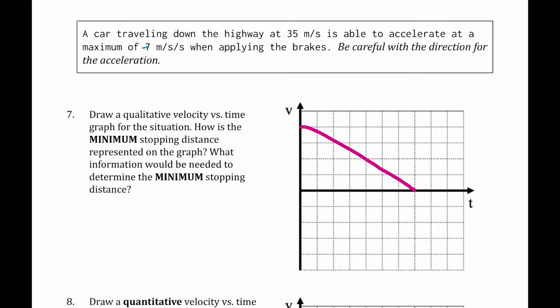Okay. What information do we need to determine minimum stopping distance? And so the information that we needed is going to be, this is our minimum stopping distance, and everything in this area. All right, so that's our delta x, which is our minimum stopping distance.